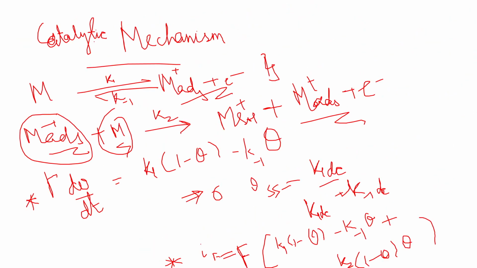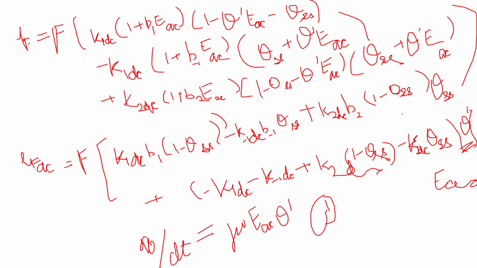Which is equation 1? This one. And then you will cut off all the second-order square terms. You will cut off all the terms where the constants are involved. You will only consider those terms in which EAC is coming as coefficient. Then when you rearrange, you will find out the θ dash value.